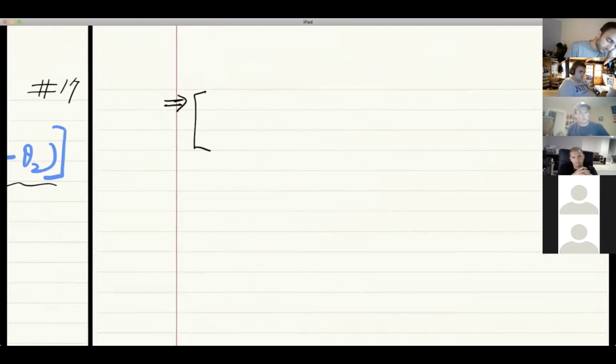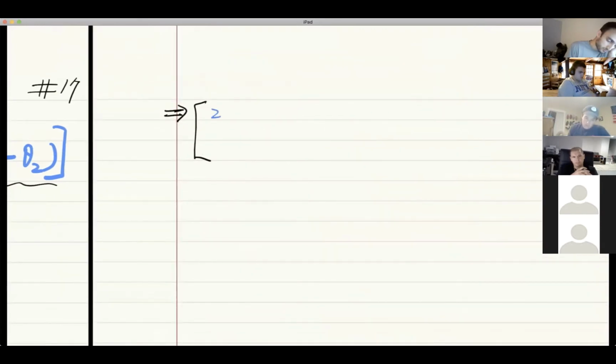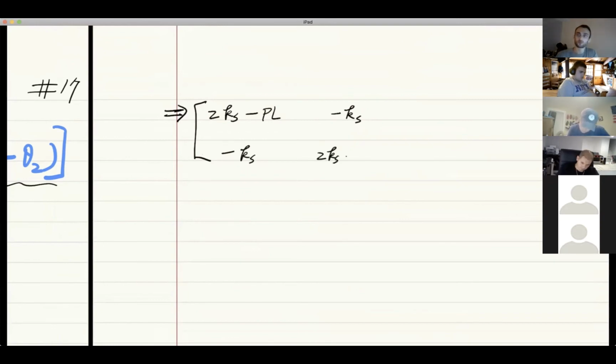So the whole thing can be written like this. That will be 2ks minus PL, or negative PL minus... I'm sorry, minus ks, and 2ks minus PL.